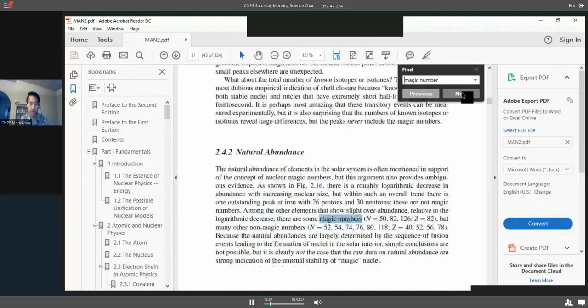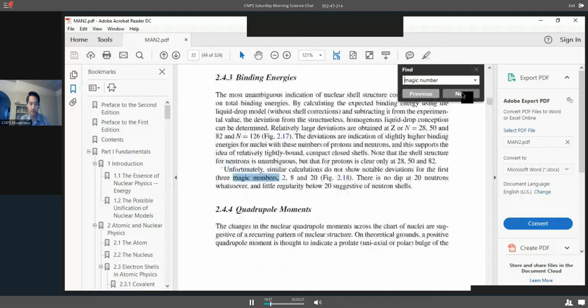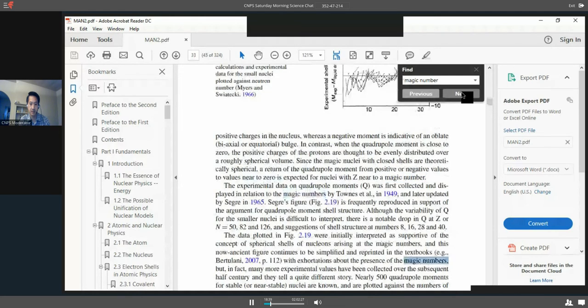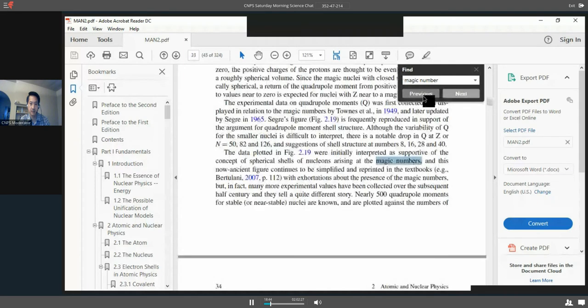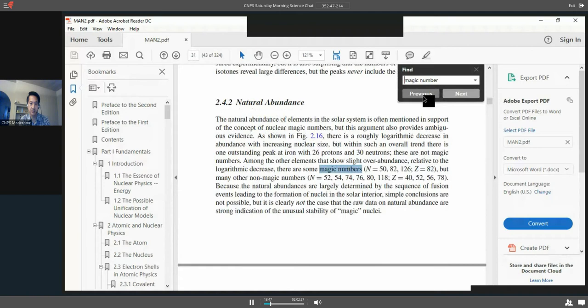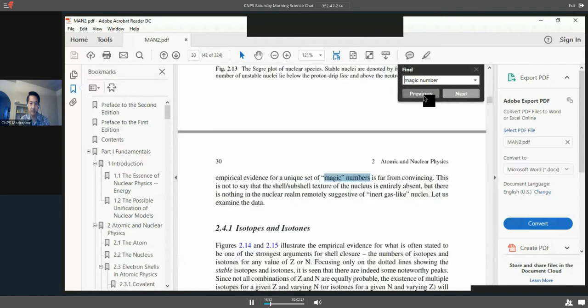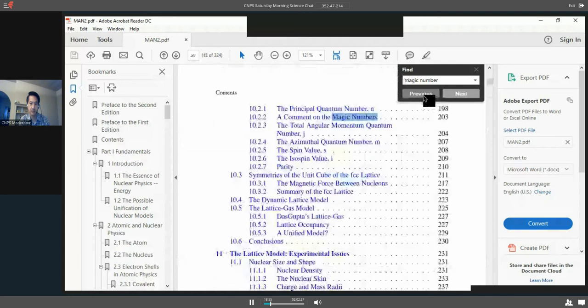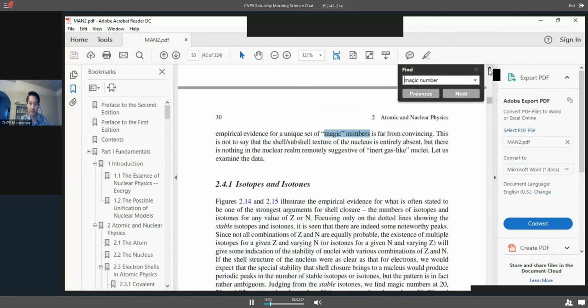Now, there's a section on magic numbers in this book here. He mentions it several times. Let's see, where is the... looking at this, it mentions a lot of things probably worth taking a look at. Let's just take a look at some of the data here.